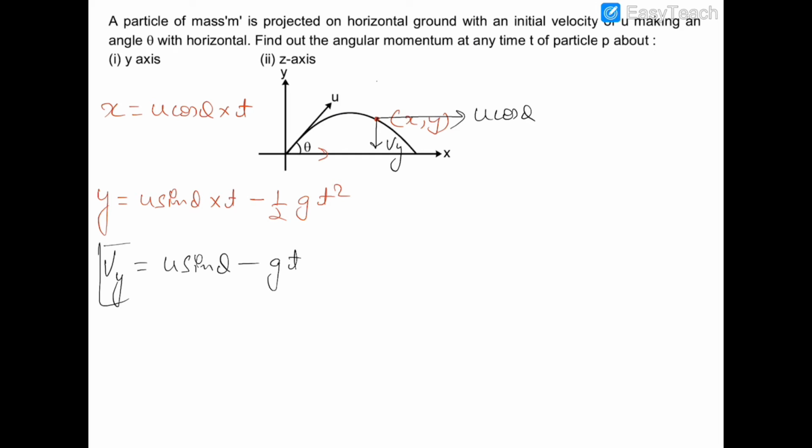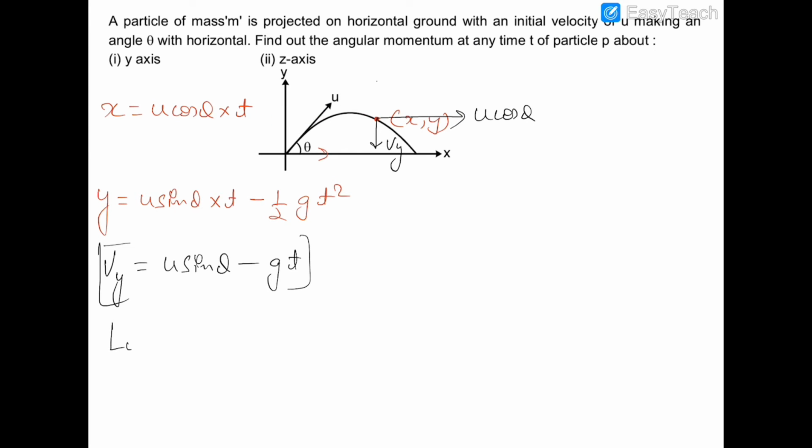So this is vy. Now we know that if we extend the horizontal momentum vector, which is m u cos theta, then this momentum vector would cross the y-axis. Therefore its perpendicular distance from the y-axis would be 0, and therefore the angular momentum due to this horizontal velocity will be 0 about the y-axis.